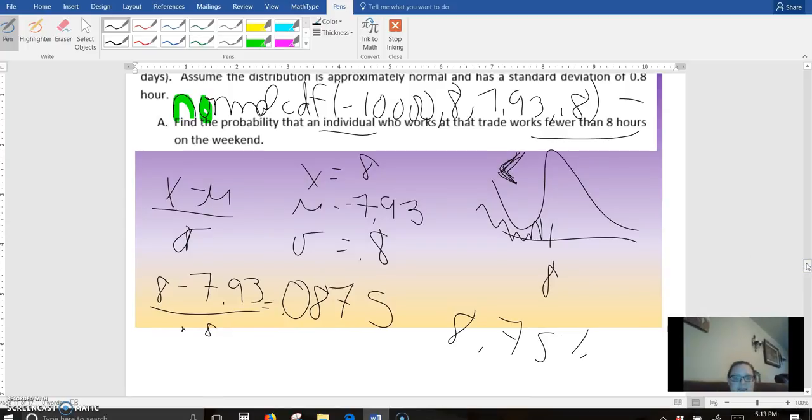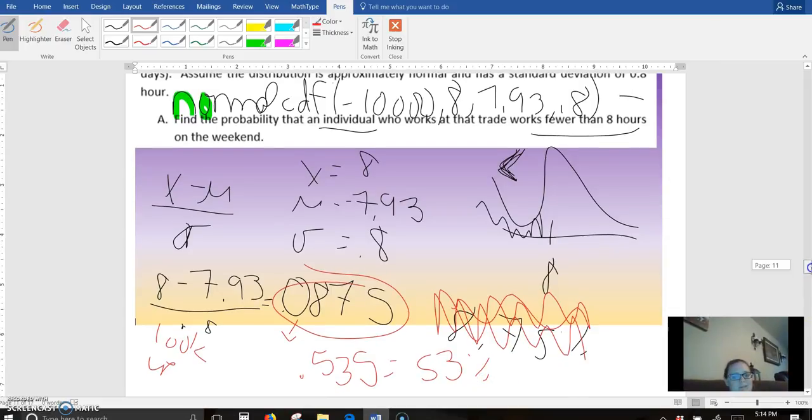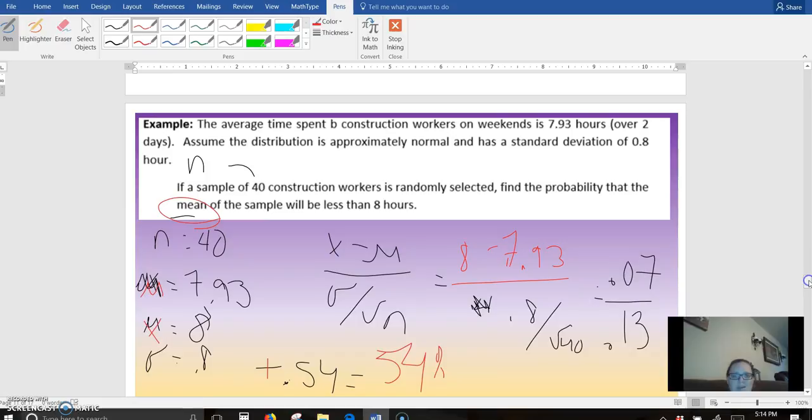And here's why we don't: this is here, and then I need to look that up on the Z chart and see what that is. So I realized that last problem when we were doing it. All right, so then we look it up, or we can do the formula. Okay, nevertheless, I get 0.535, so it's 53%. Okay, which makes a lot more sense because this guy over here was right around the same thing, and they should be fairly normal.